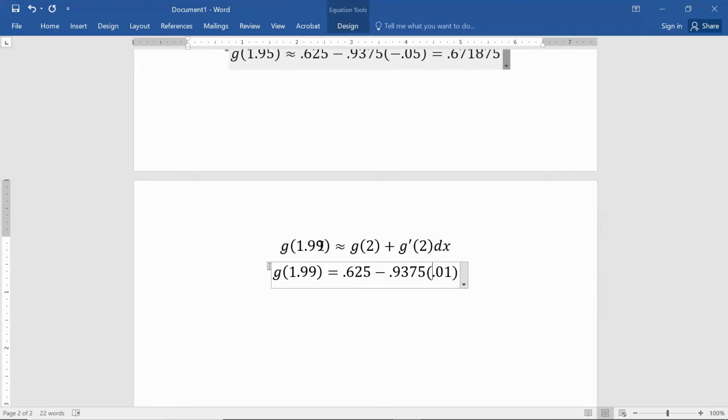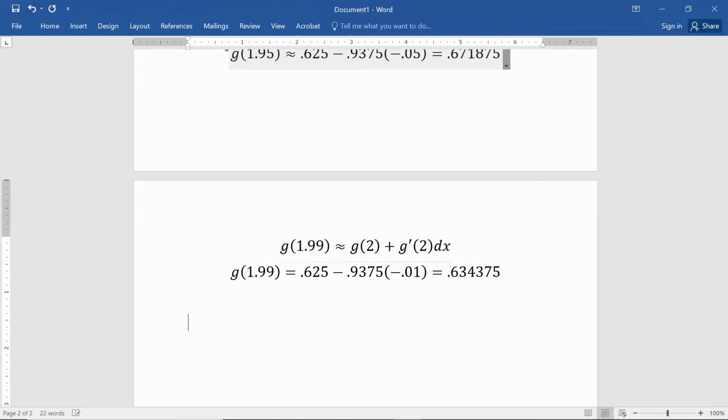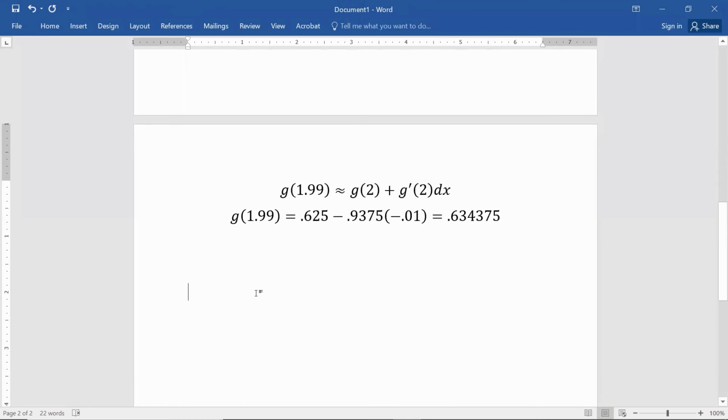Actually, I'm sorry, negative 0.01. We went down by 0.01. And that means the approximation for g of 1.99 is about 0.634375. Once again, this is an approximation.